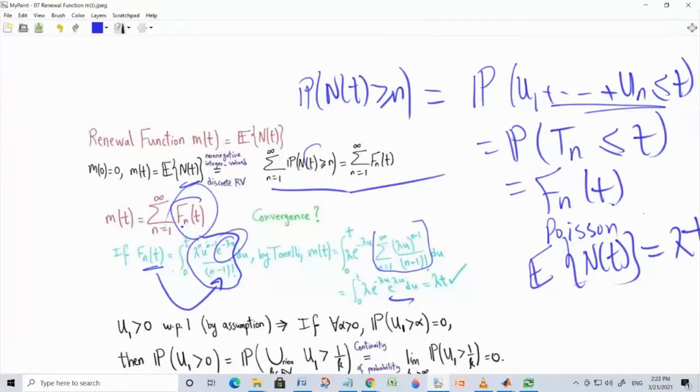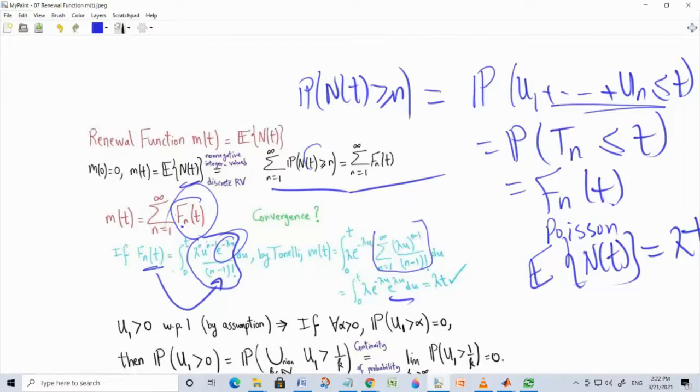Are we sure, for a Poisson process, that for every finite t the first moment is finite? Is this a general thing or not? Several years ago, I used to study this summation and show that it actually converges.